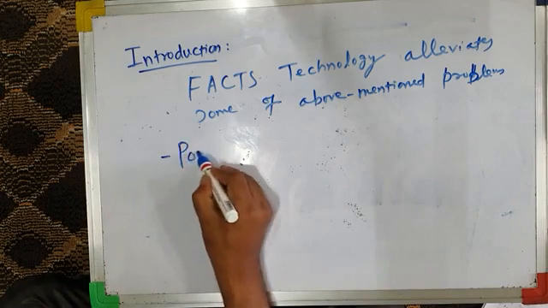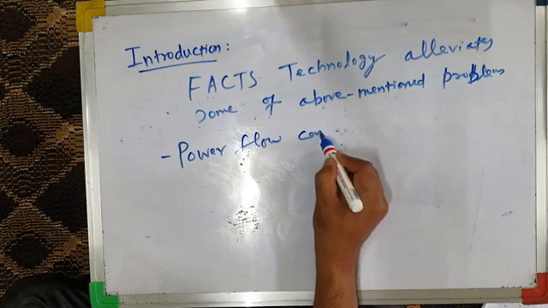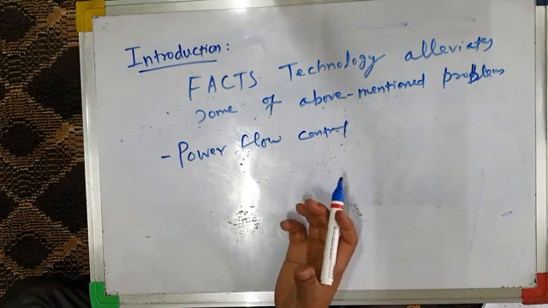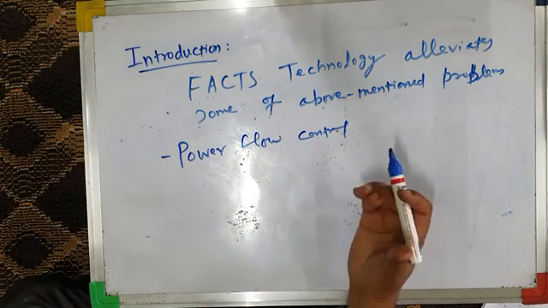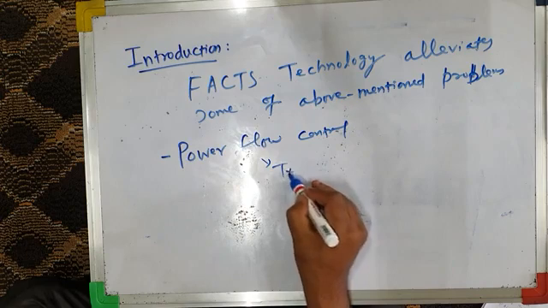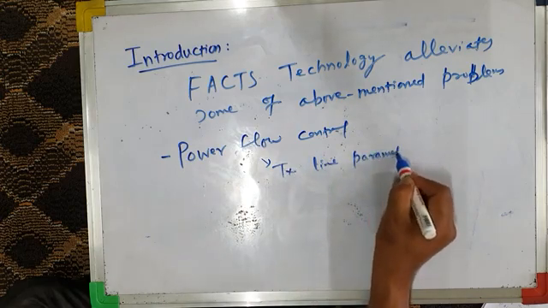First thing, what FACTS controllers will do, they result in power flow control. Whenever you use a FACTS controller, whether it's a series FACTS controller or shunt FACTS controller, it controls certain transmission line parameters. What are the transmission line parameters?